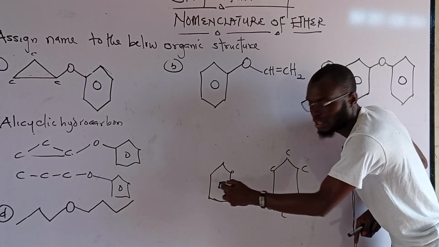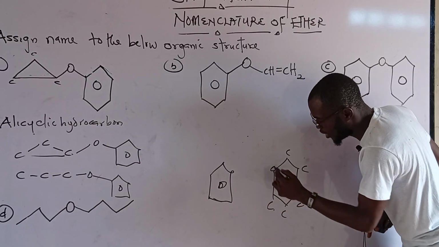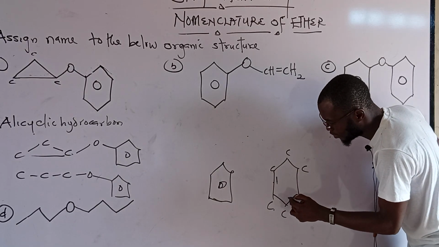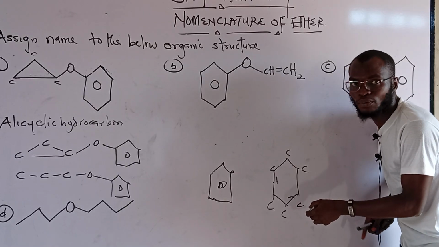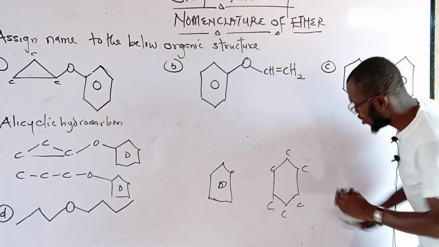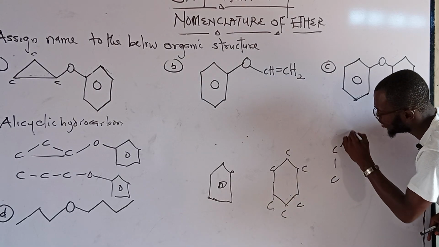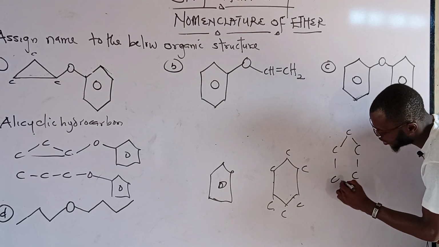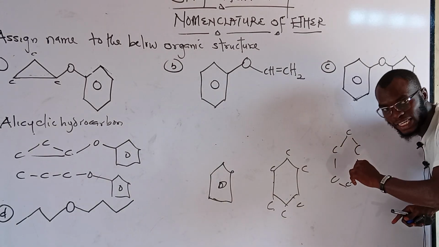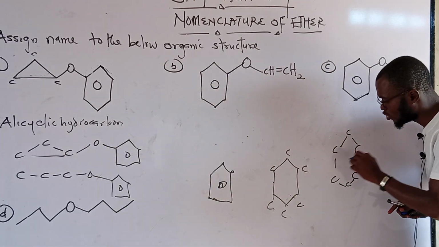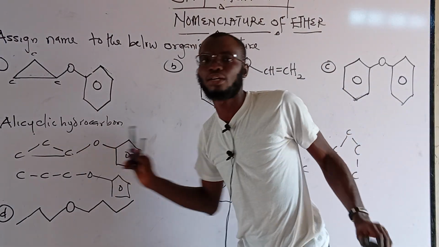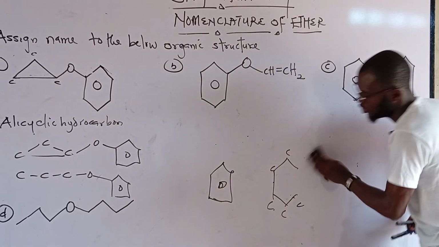But this 0 that is here, meaning there is one bond here. That means 1, 2 that join these 2 carbon. There is a bond here. Are we together? That joins these 2 carbon. But compared to that, there is nothing joining. That means all I can do like this. All are in a straight pattern. Are we together? Only single bond. We call this cyclic but alicyclic, meaning they are not double bonded organic structures. That is why they call it alicyclic hydrocarbon. Hope I'm communicating. So that is that under that.